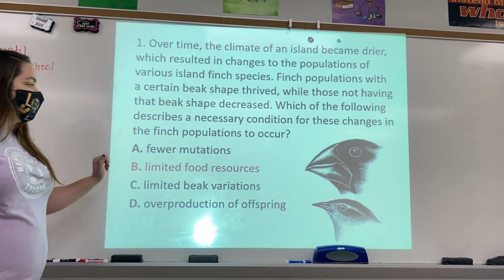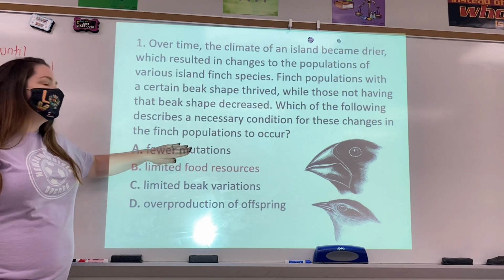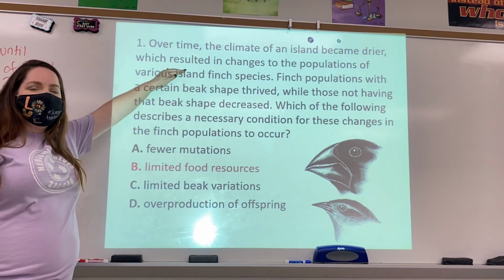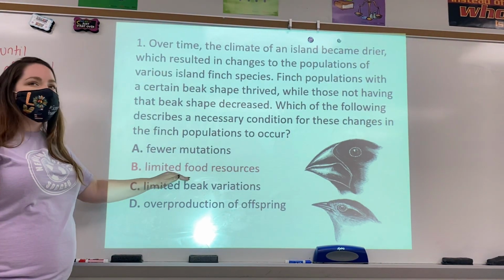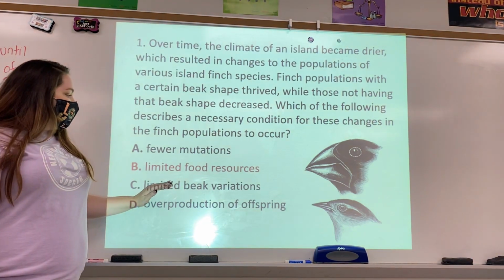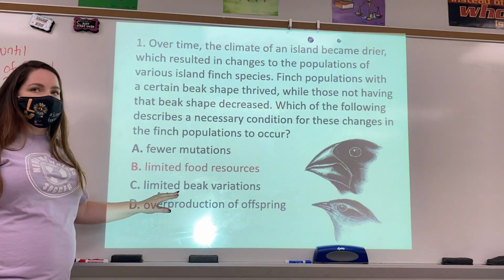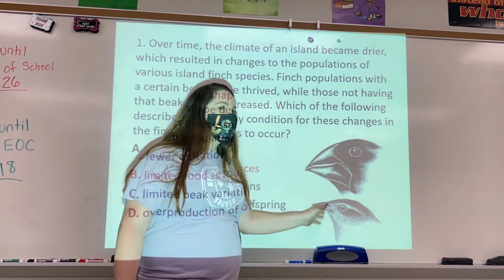Now, that could be an example of a mutation, but the mutation itself is not affecting the beak shape. It's the food available that is affecting the beak shape. Limited beak variations. Yes, you could have limited beak variations. For example, we only have 2 here.